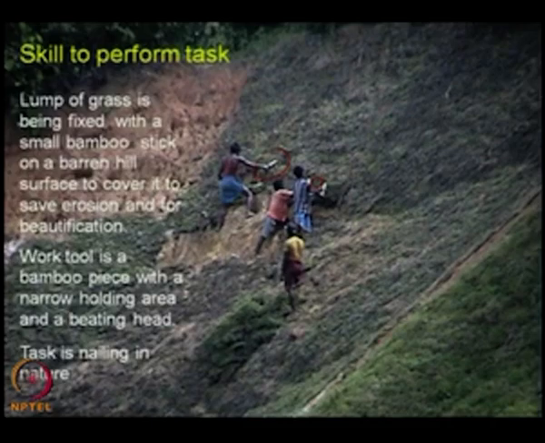Now, the work tool is a bamboo piece with a narrow holding area to hold it and a beating head, a little thicker side. The task is nailing in nature.